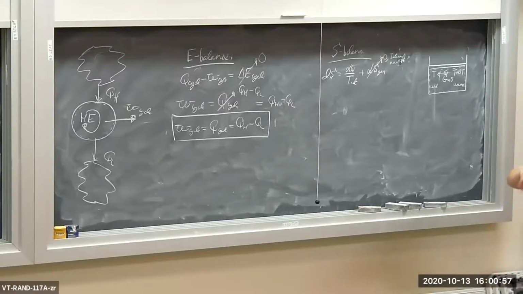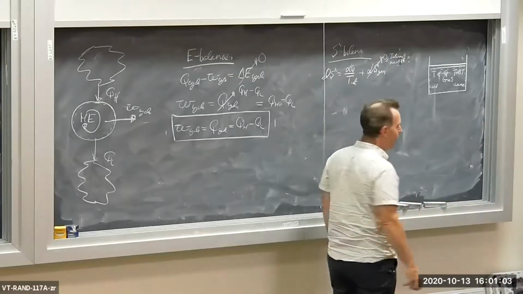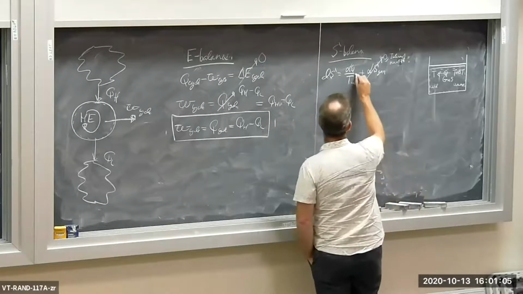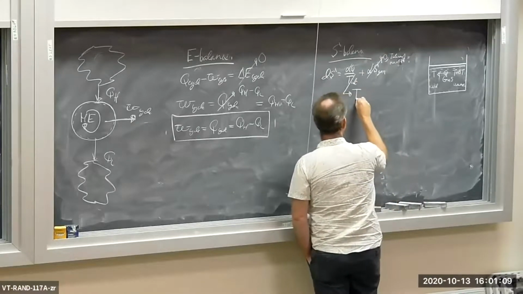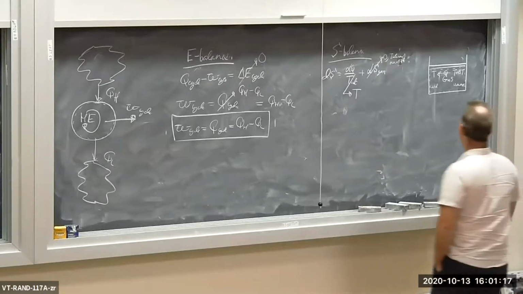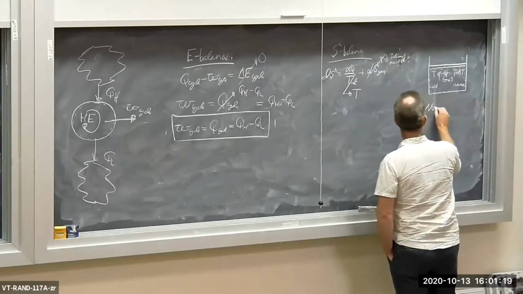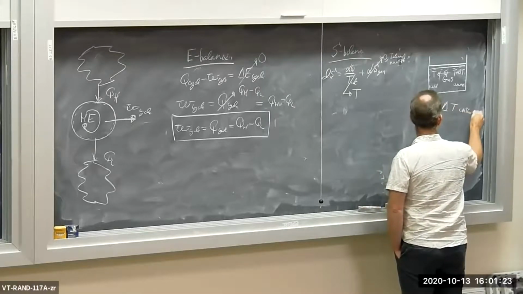There has to be a spatially uniform temperature. Temperature is the same everywhere inside my gas. So this temperature is not an interaction temperature, it's just the plain old temperature of my gas, T, okay? So no delta T inside.